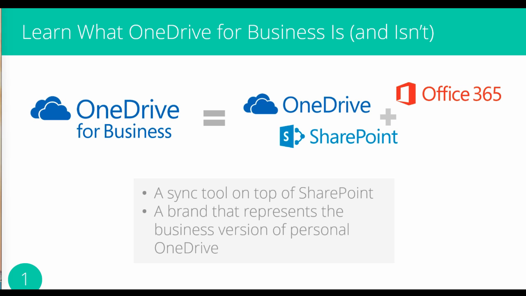And then towards the end of the presentation, we'll come back to some more of this sort of overview level information. And I do see a couple of questions that have been coming in about the next sync client and OneDrive for Business being Mac compatible. So hopefully, I think we'll have time to kind of hit on those as we go through the presentation.